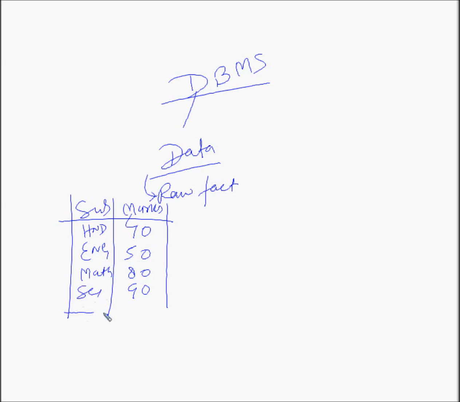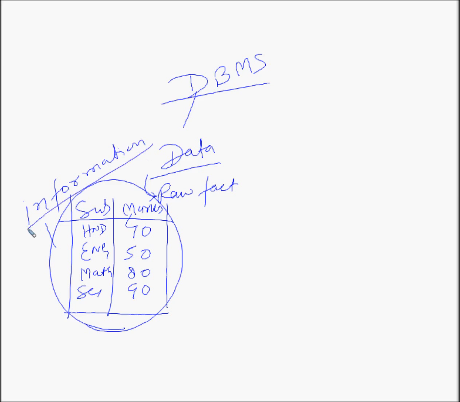Okay, now you can say very clearly that this is a table having subject and marks details. So in subject Hindi he's got 40, in English 50, in math 80. So now we can say this is the information. Information is processed data. You can conclude something, but if I just say some of the raw fact, it is data.